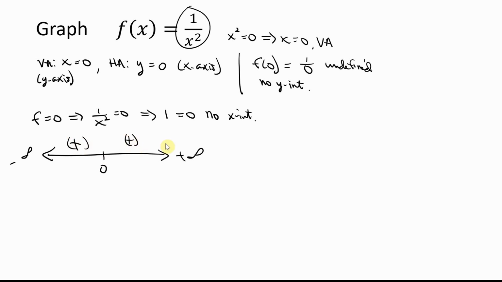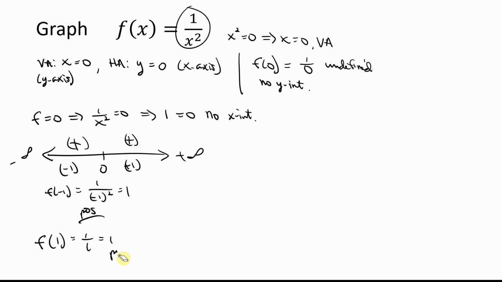That means that the graph is always above the x-axis, right? I mean, you go in there and plug in numbers if you want. That's fine. So f of negative 1 is 1 over negative 1 squared. That's 1. Positive is what we want. And then f of 1 is just equal to 1 over 1 squared. That's just 1. Again, positive is what we want as well.